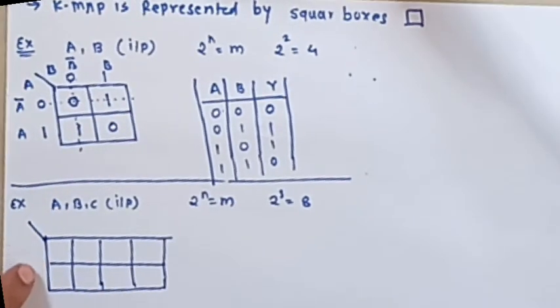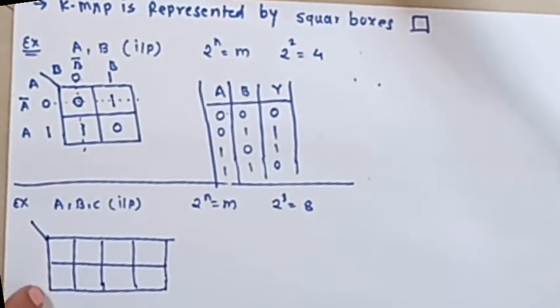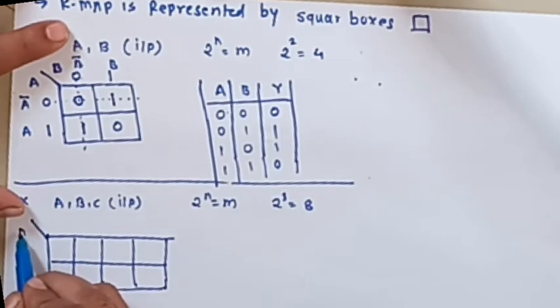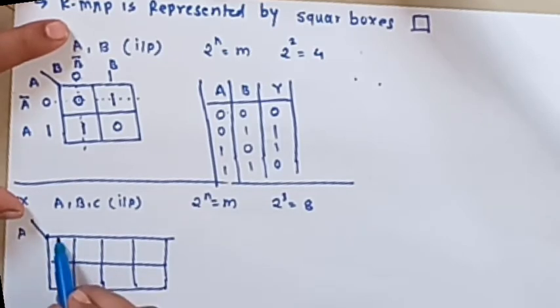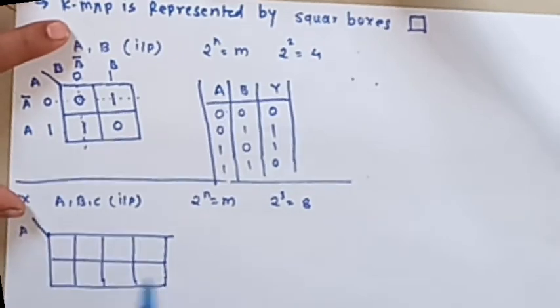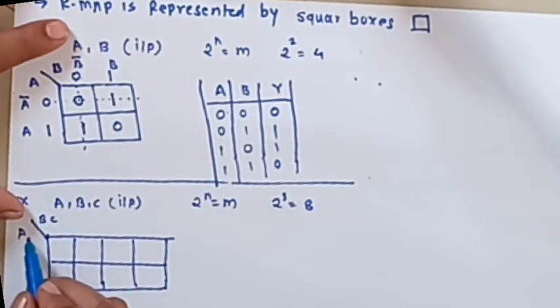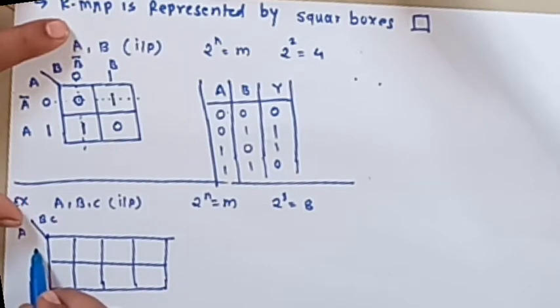Now here 2 possible values we are able to write. So on this side we take only one literal A, and here 1, 2, 3, 4 we will take the 2 variables BC. Now the values of A are either 0 or 1.